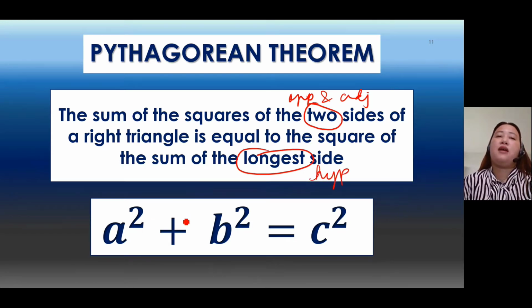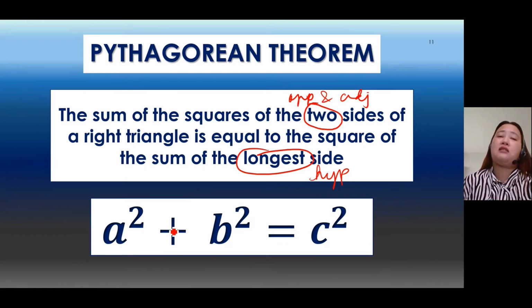This formula, a squared plus b squared equals c squared, is actually known worldwide. Even if you are from another country, as long as you studied trigonometry, you know that this is the formula of the Pythagorean theorem.